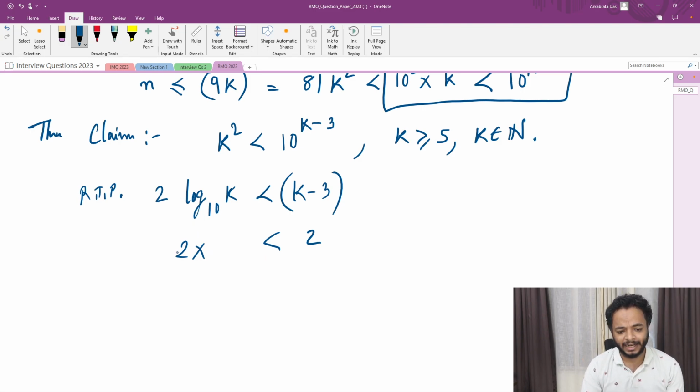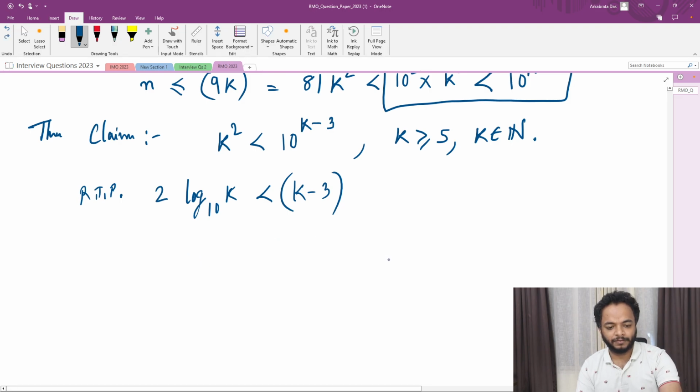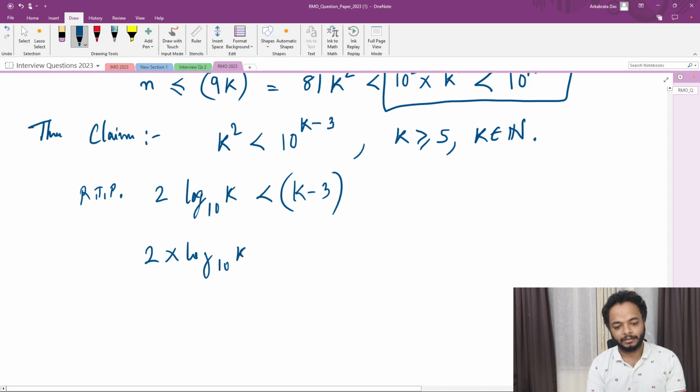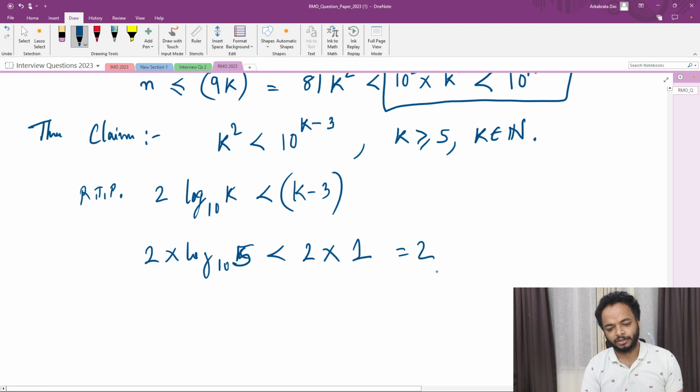So this shows that this is way less than 2. Let's put 5: 2 times log 5 is strictly less than 1, so basically we get that this is strictly less than 2. Okay, so the base case is done.